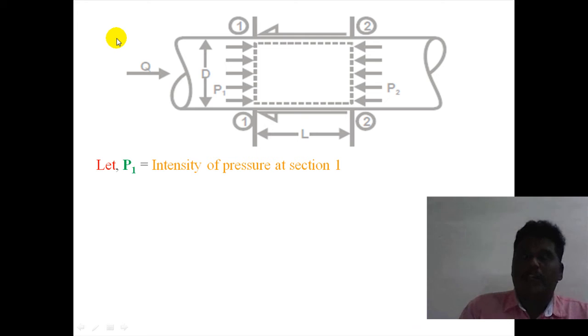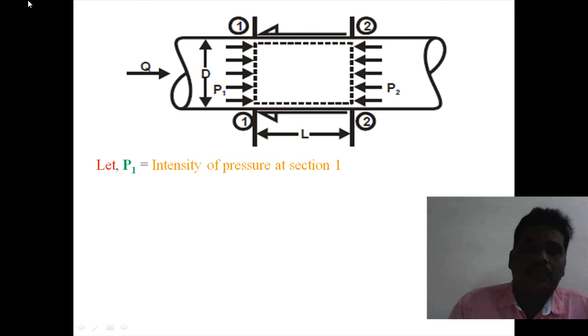Next, in order to derive the expression for the Darcy Weisbach equation, consider a pipeline flowing with a discharge Q. Q is the discharge, D is the diameter of the pipe. Consider the fluid flowing inside the pipe under pressure.